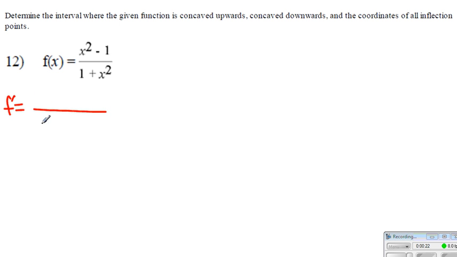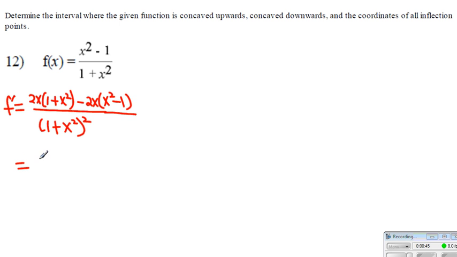Then using the quotient rule, the denominator will be squared, and we have 2x, which is the derivative of the top, and then 1 plus x squared, minus also 2x, which is the derivative of the bottom, and x squared minus 1.